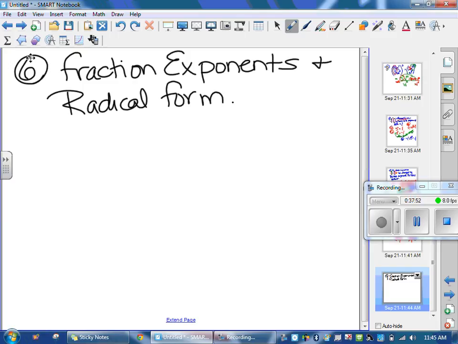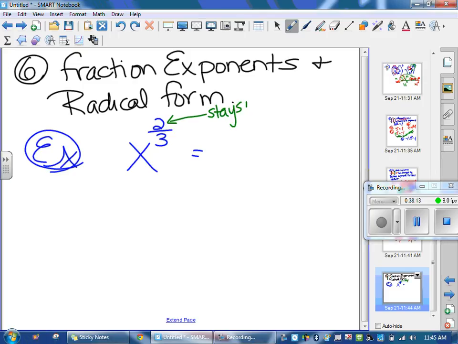My example is x to the 2/3. How am I going to make that into radical form? The exponent on top stays with the base.